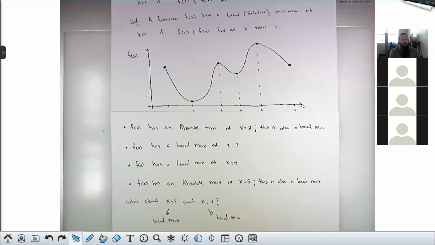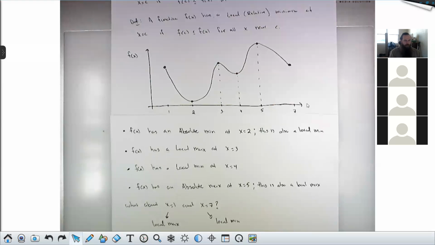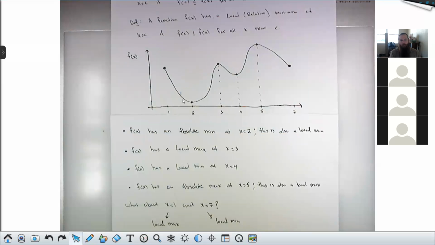Okay. Do we feel comfortable recognizing these things? Are there any questions about why any of these features that we've listed here are what they are? I think the way a lot of people remember this is the bottom of a valley is always a local min, and the top of a hill is always a local max.